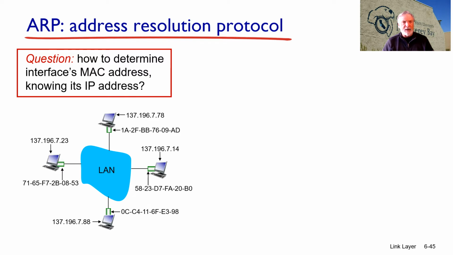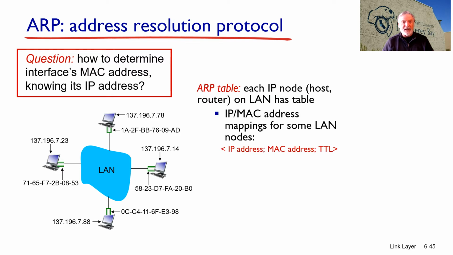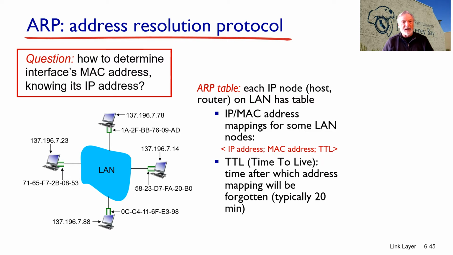Each device or IP node on the LAN has a table that maps the IP addresses to the MAC address of other devices on the LAN. This mapping has a TTL, or time to live, after which the mapping is forgotten. Different operating systems have different TTLs.